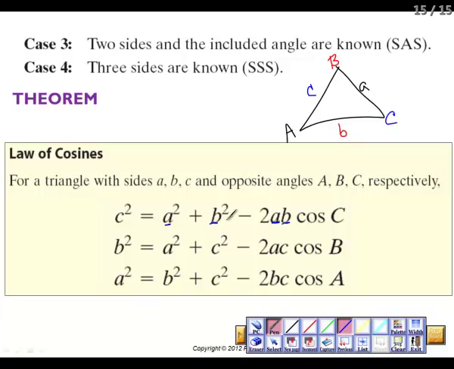So the two sides on the right side of the equal sign are multiplied times 2, and then the cosine of angle C.